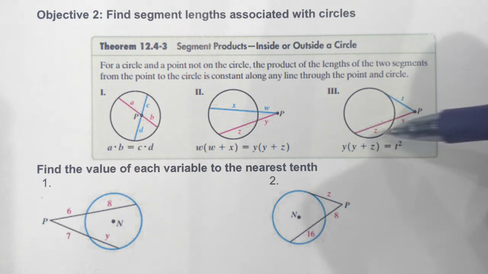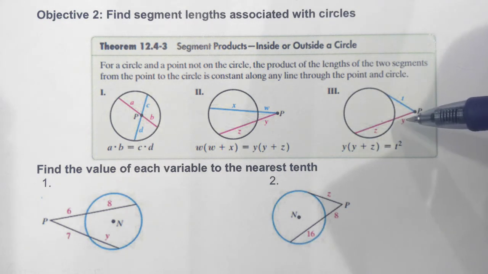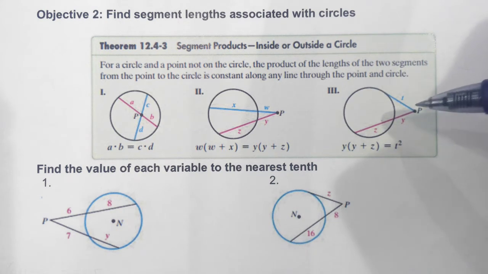And then this one is pretty much the same. It's with the tangent. So it'd say the outside piece times the sum of the two pieces is equal to the outside piece times itself, because that's the sum of the two pieces. So these are just some more formulas just to apply.